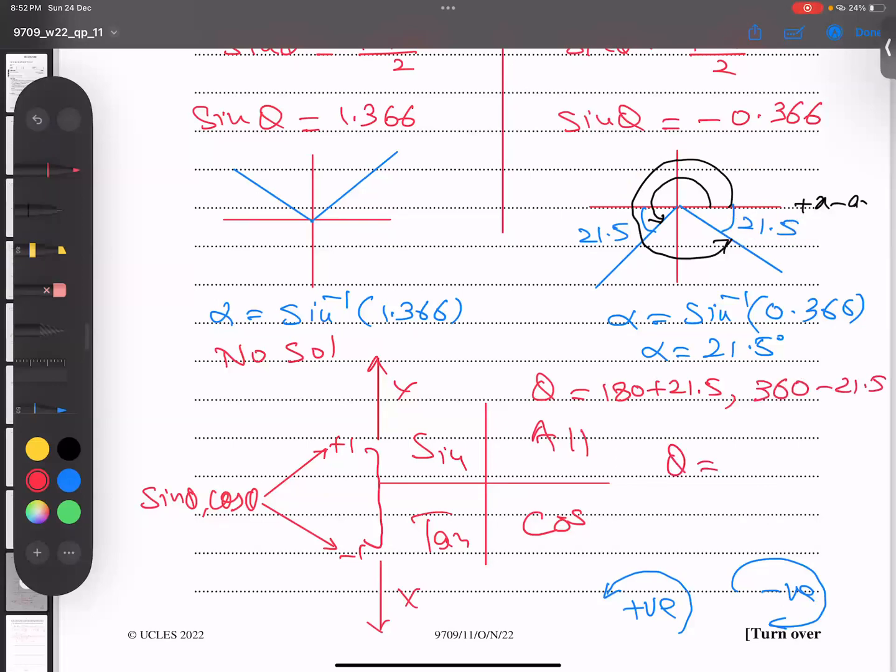So I'm getting two answers finally. Okay, so 180 plus 21.5, I'm getting 201.5 degrees. And the second answer is coming 338.5 degrees. So alhamdulillah rabbil alameen, I believe the point is very, very clear and the question is over.